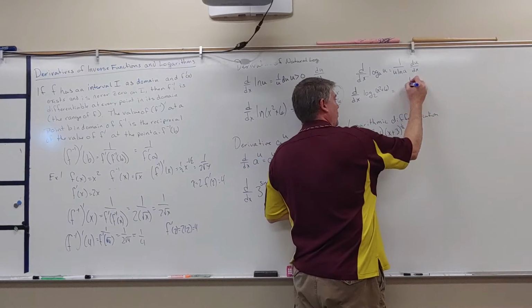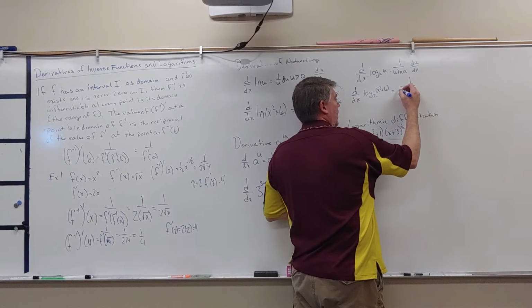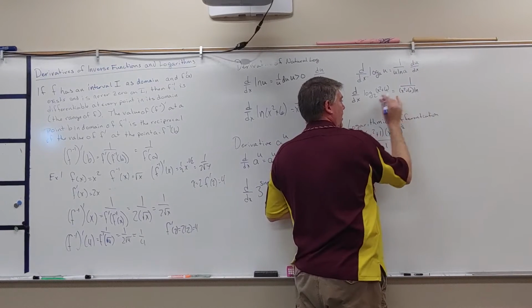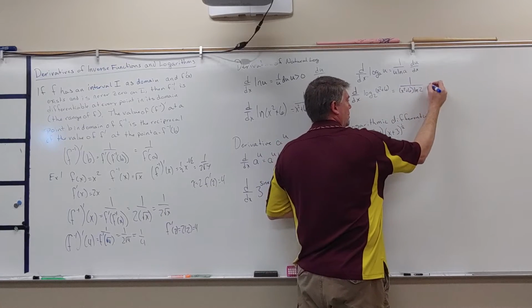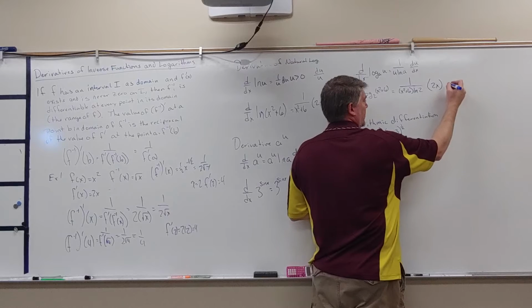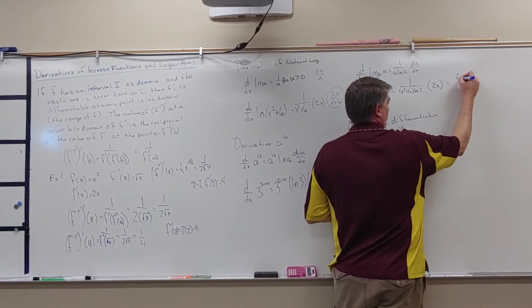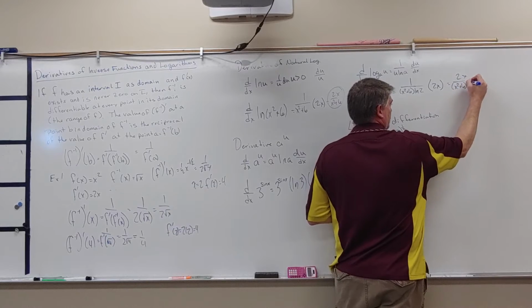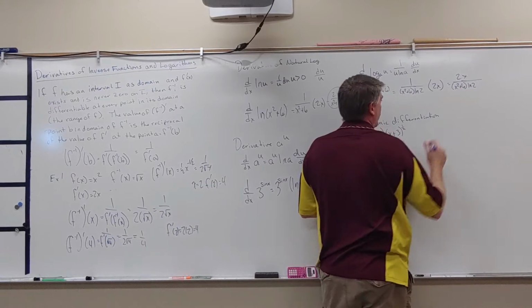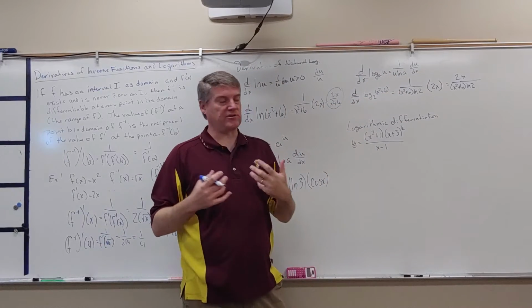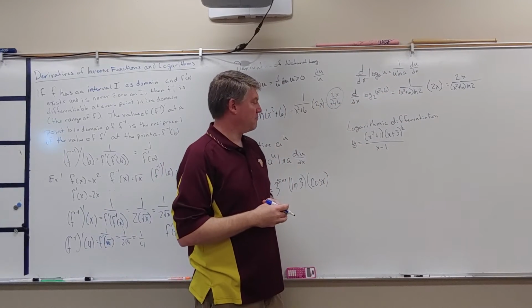This becomes 1 over x squared plus 6 times the natural log of my base, which is 2, times my derivative here, which is 2x. Or 2x over x squared plus 6 times natural log of 2. So I could put this as du over u natural log of a.